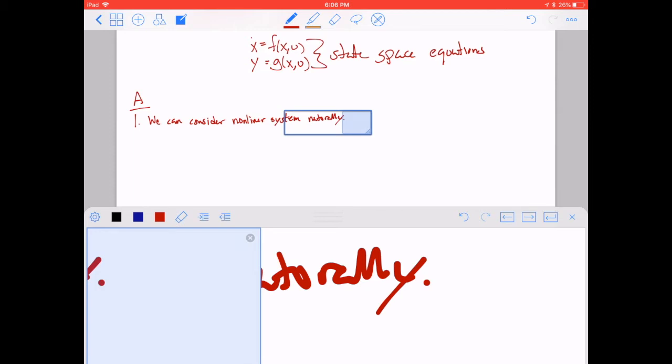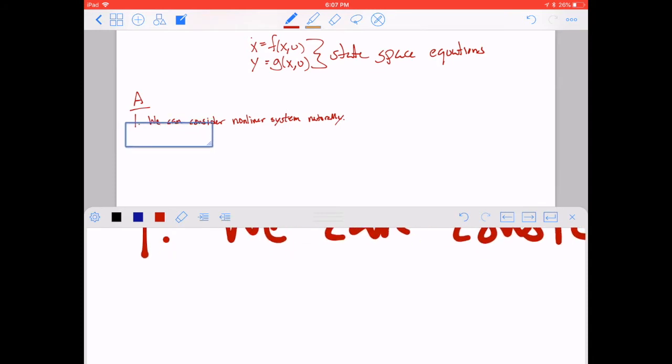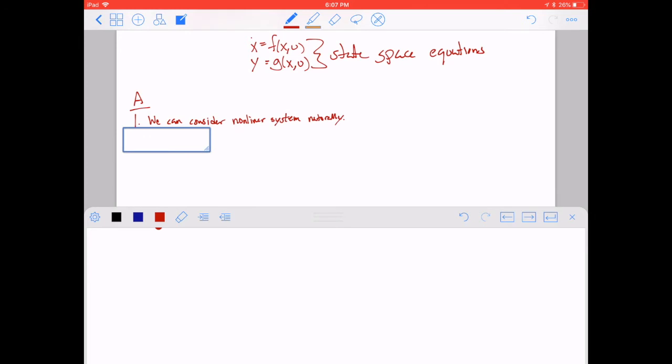There's a slew of graduate level courses that you can take that delve deep into nonlinear systems and all the techniques and intricacies of designing controllers and filters and reference governors and different sorts of applications using state space equations that are not necessarily easy to do in the frequency domain.